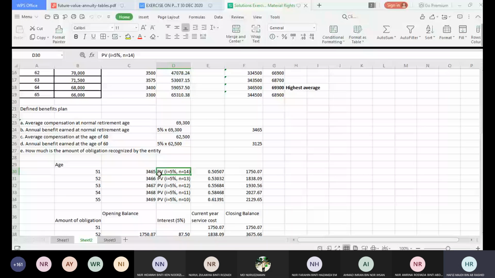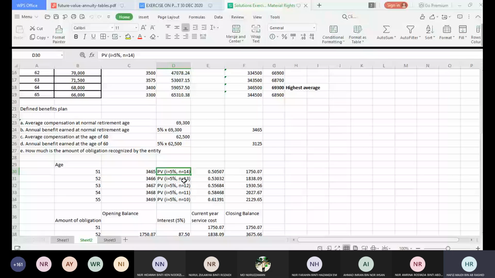Interest is given as 5%. The N is 14 years, because from the end of year one, which is at the age of 51, until the age of 65, that is 14 years. So you discount with N equal to 14. As you move further, of course, the N will reduce by 1 year.